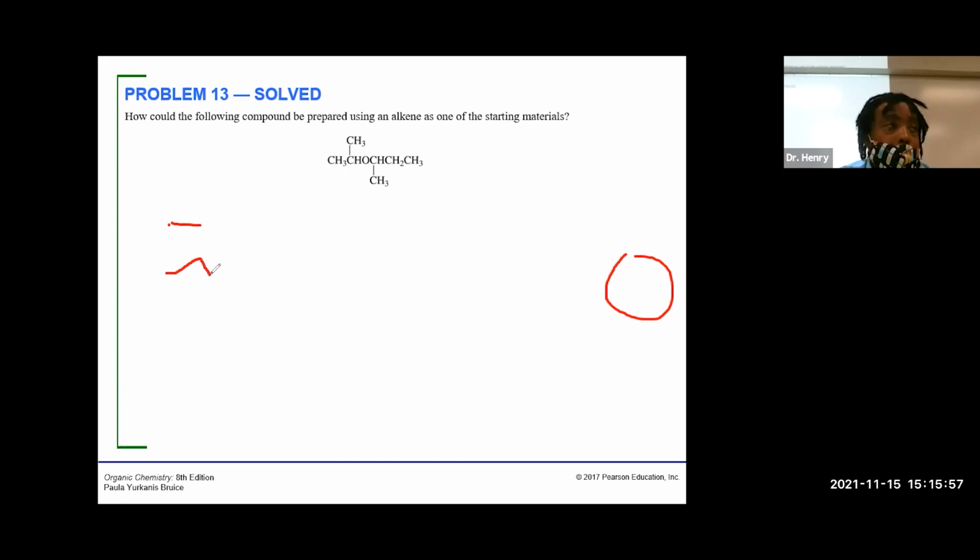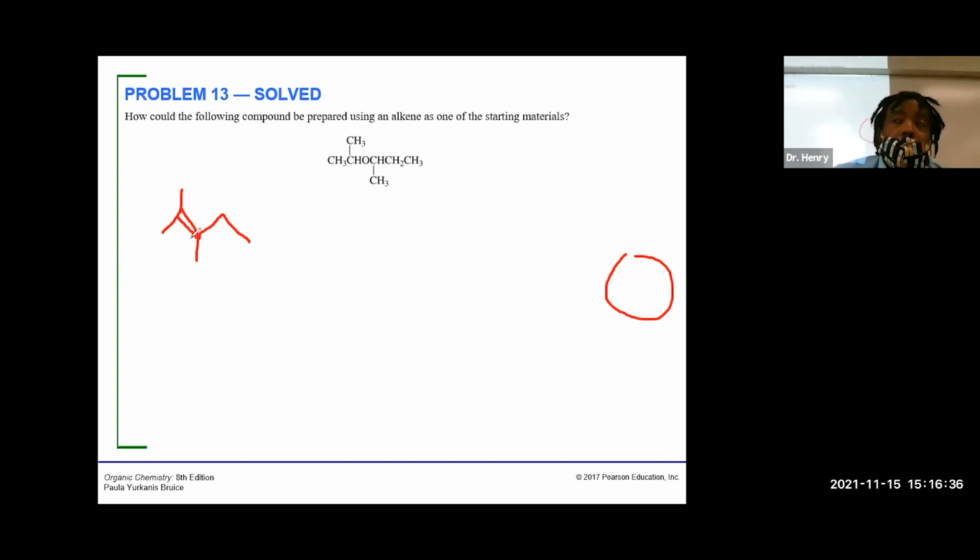2, and you said pentene. So that's 1, 2, 3, 4, 5. Dimethyl. 2 will be 2. This will be 3. Okay.